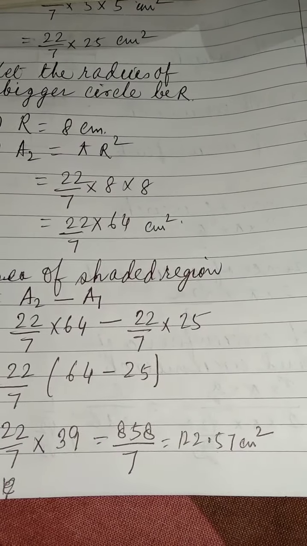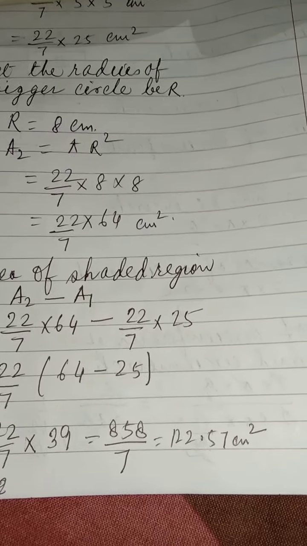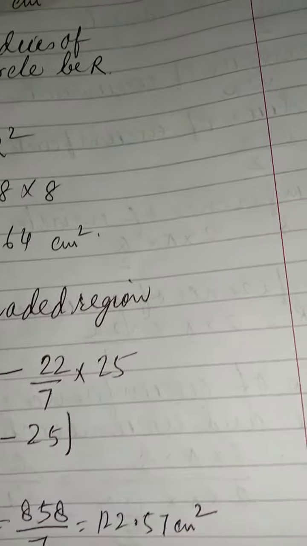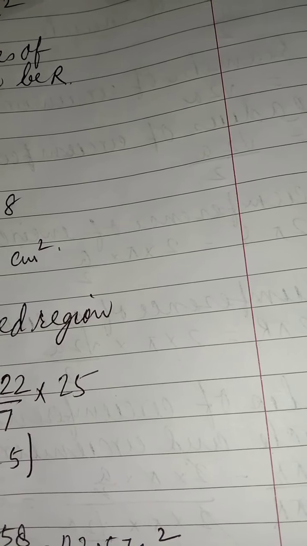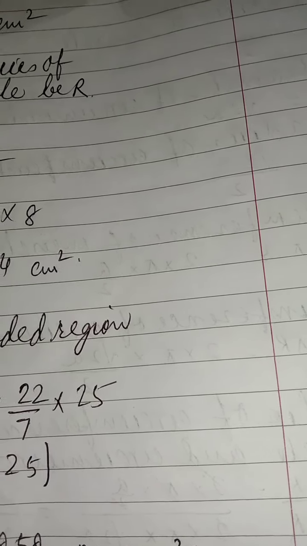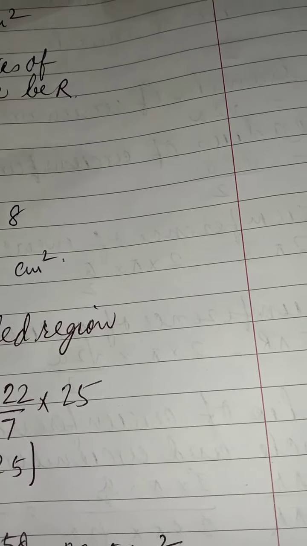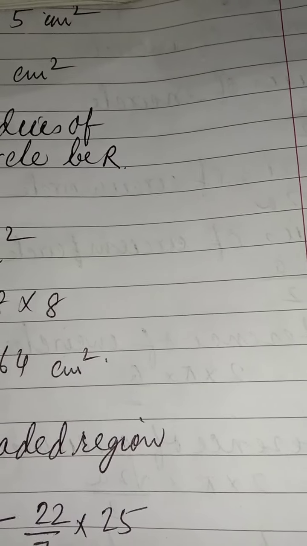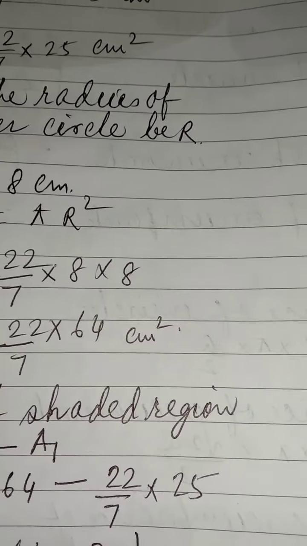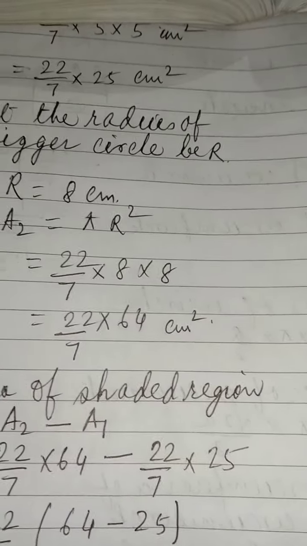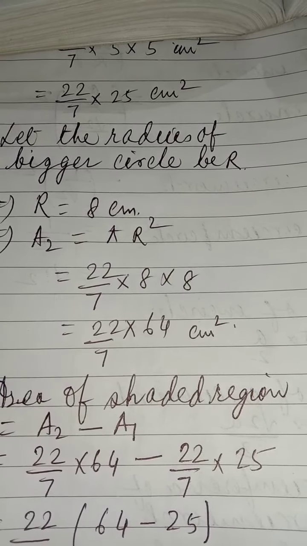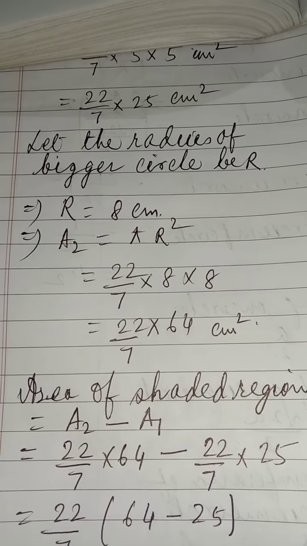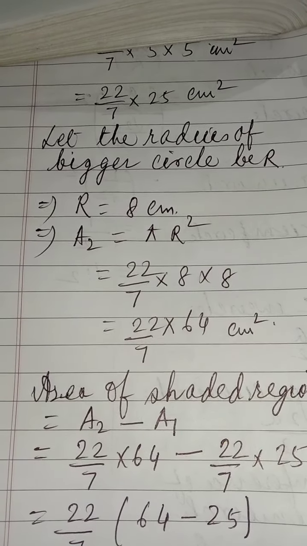Why were the sums skipped and done? Because here, like today you have done 24A, then 25, then 26, and then 28A. The questions were skipped because all these sums were based on area of circle, or the combination of circle and square, or the combination of circle and rectangle.